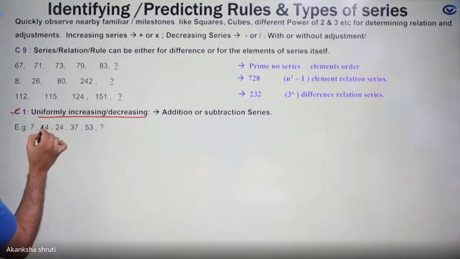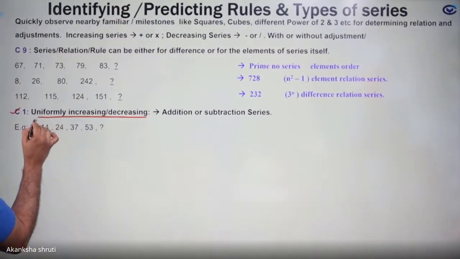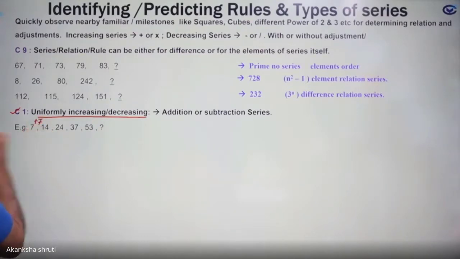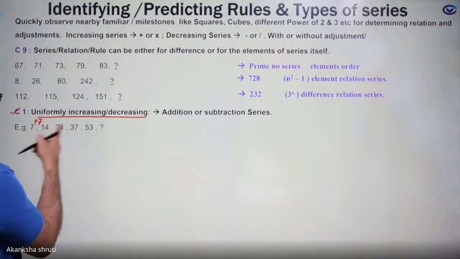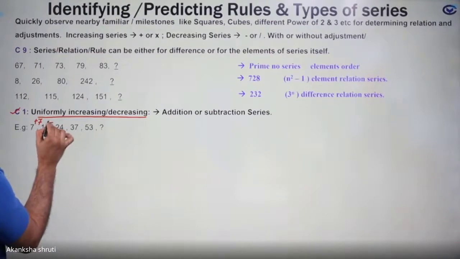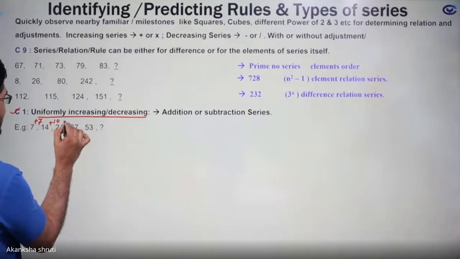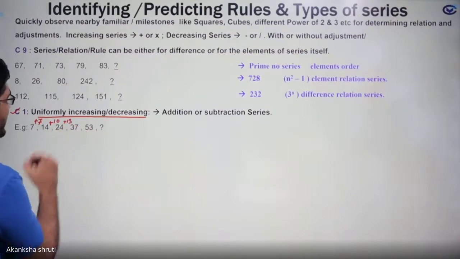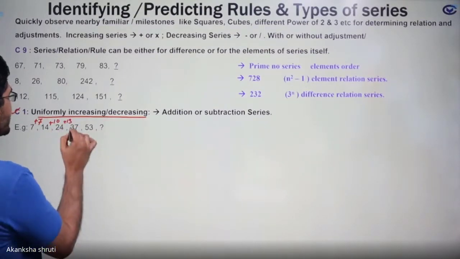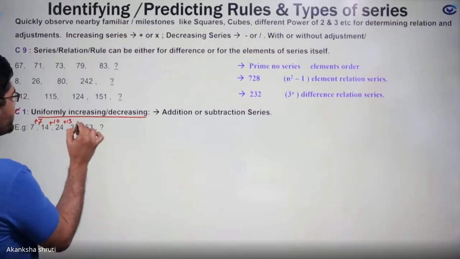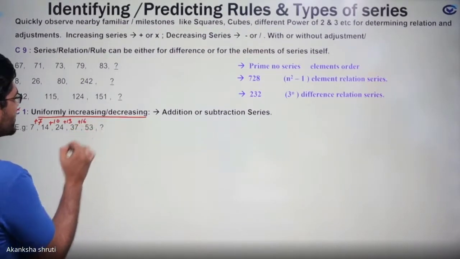Students, 7 to 14 is plus 7 here. Then 14 to 24 is plus 10 here. 24 to 37 means addition of 13 here. Then 37 to 53 is addition of 16 here.